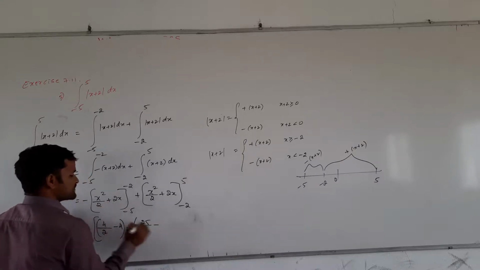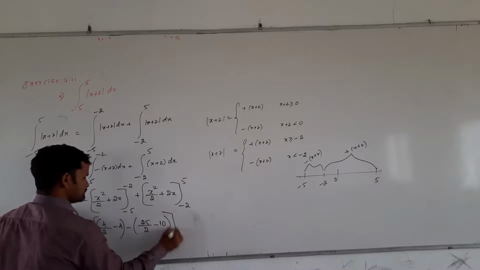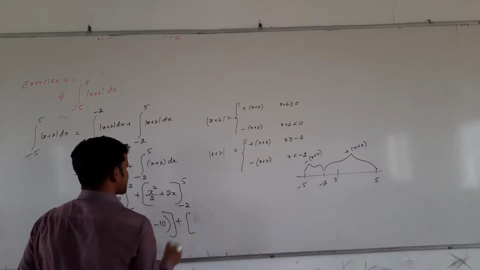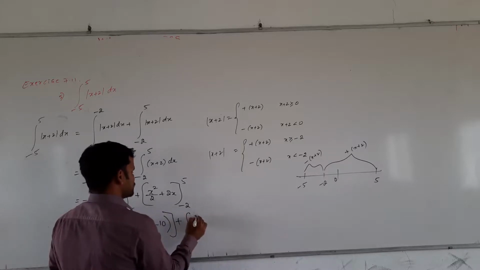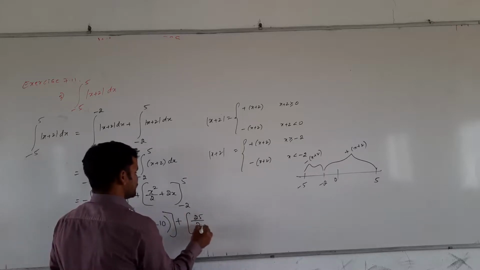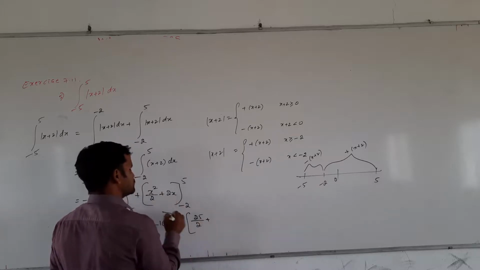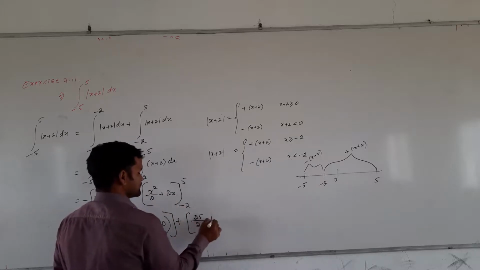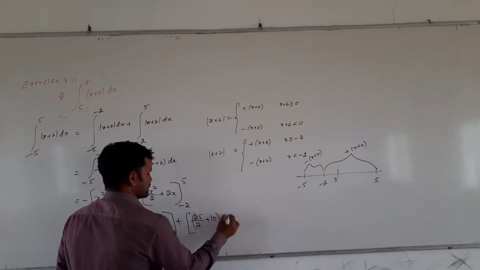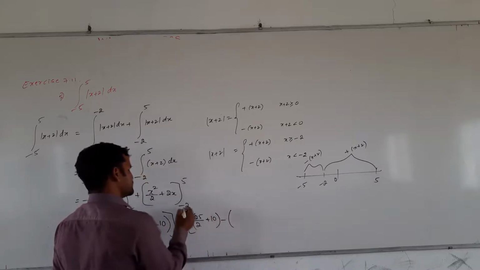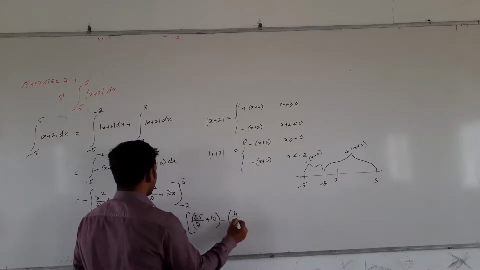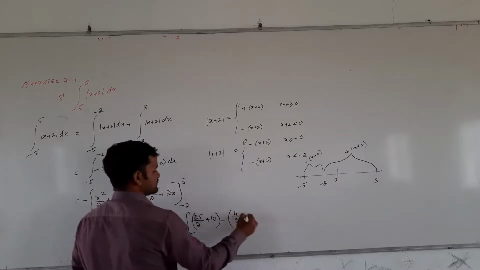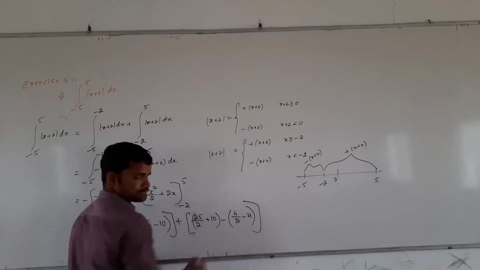Now, 2 into minus 5 is minus 10 plus of, next substituting the upper limit here, 5 I am substituting, 5 square 25 by 2 plus 2 into 5 10, minus of, substituting the lower limit, minus 2 square, you substitute, minus 2 square is 4, 4 by 2, 2 into minus 2 it is minus 4.